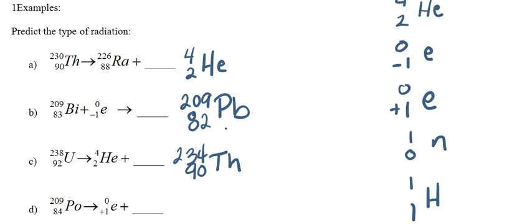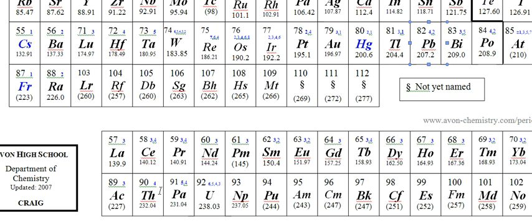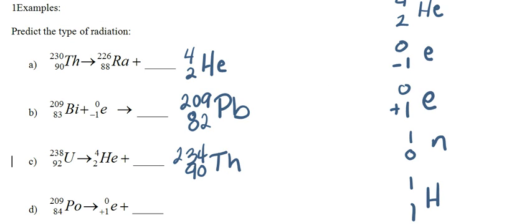And notice that the thorium-234, the actual mass of thorium, is 232.04. What I don't want you doing is getting hung up and going, wait a minute, those masses aren't the same as what's on the periodic table. We don't care. Flat out, we do not care what the mass values are. We only care about the proton numbers.